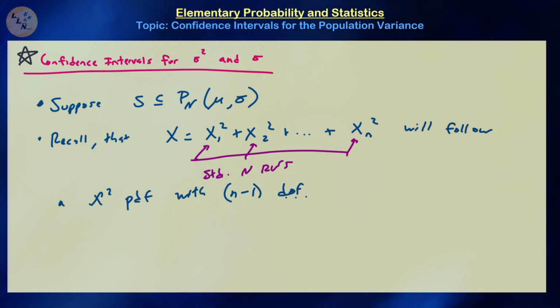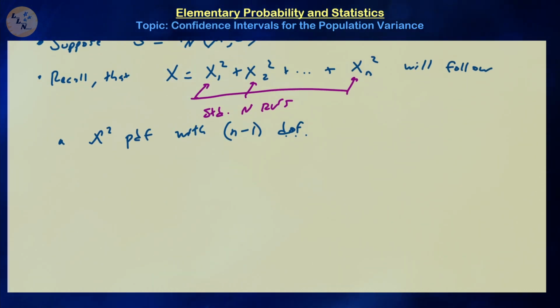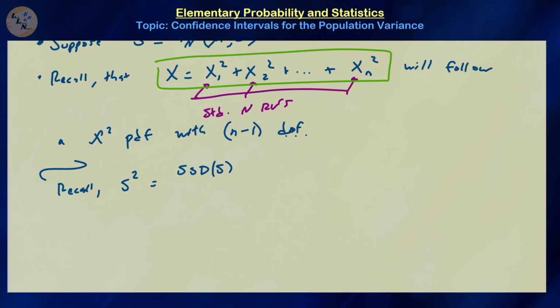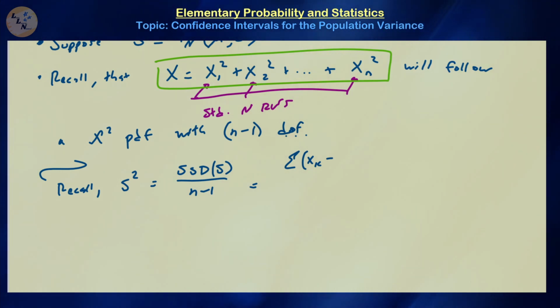So if this is the case, then what can we actually do with this piece of information? Remember that there is a connection between this expression and a few of the metrics we've been discussing from the perspective of metrics of variation. Remember that the variance, s squared, is equal to the sum of squared differences for a sample divided by n minus 1, which is the sum of the quantity xk minus x bar, squared, divided by n minus 1.